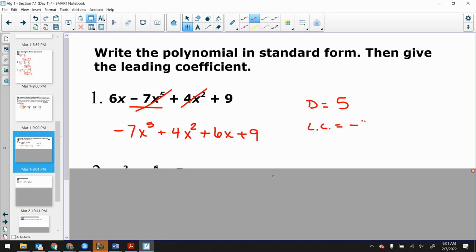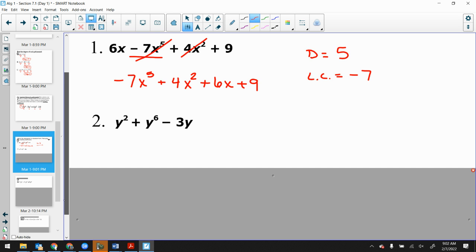Negative 7 is your leading coefficient. Remember, the leading coefficient is always the number out front. Do not say negative 7x to the 5th. Leave off the x to the 5th. Adding an x to the 5th with it would not be the leading coefficient. If I just ask for a coefficient, I'm asking for a singular number next to the highest power on x.